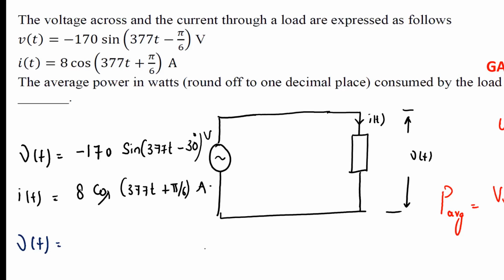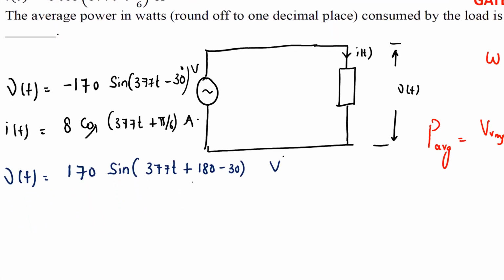So if I add 180 to this first signal, what are you going to get? It is going to become 170 into sine of 377t plus 180 minus 30, so many volt. Understand?